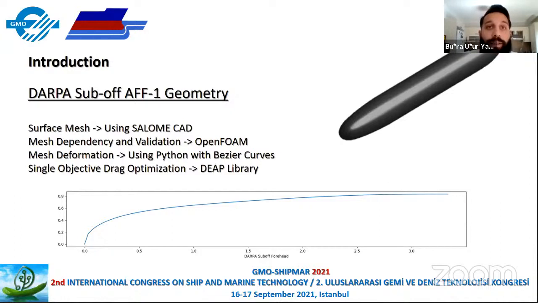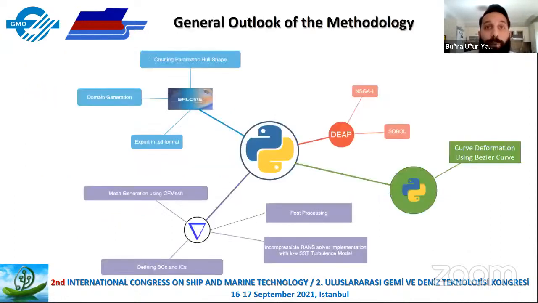In this slide, the general outlook of the methodology platform will be presented. As you can see, Python is the core of the integration and process handling tasks. The whole platform is commenced with the Python code, and the design variables and the constraints are defined in the source code. Python code is also responsible for creating variant folders, integrating modules, and passing information between them.